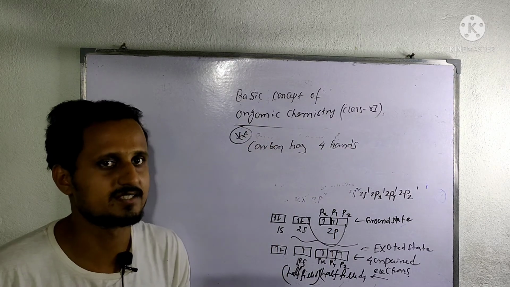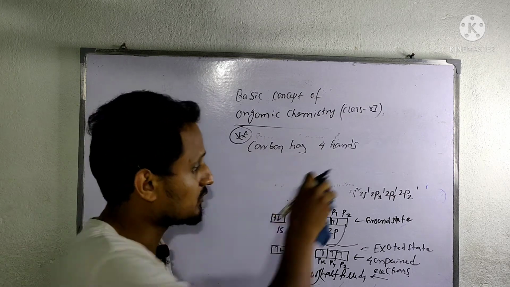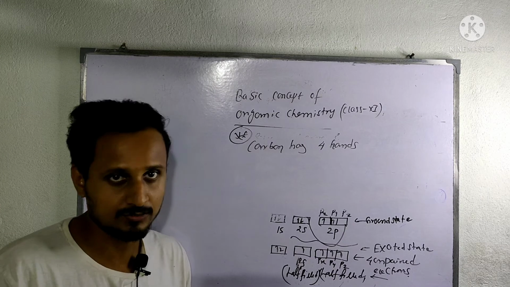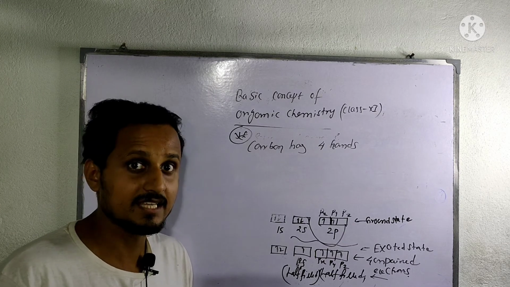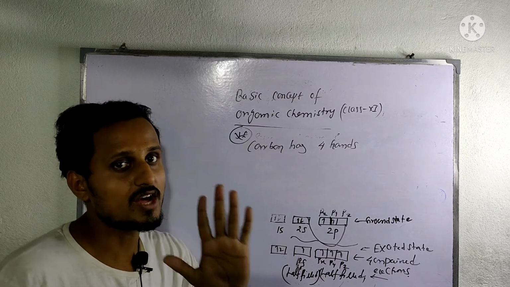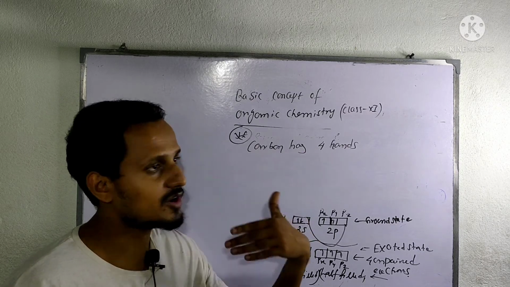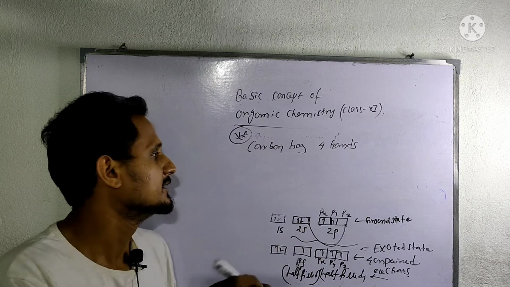Carbon has 4 hands. So carbon will form a compound by taking 4 hydrogens. First of all, we will see the compounds of only carbon and hydrogen.